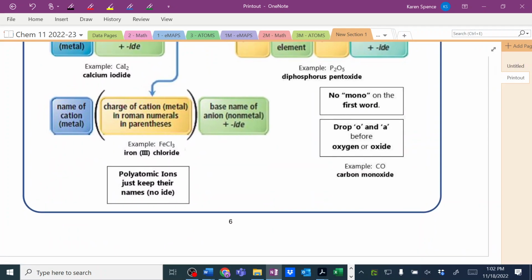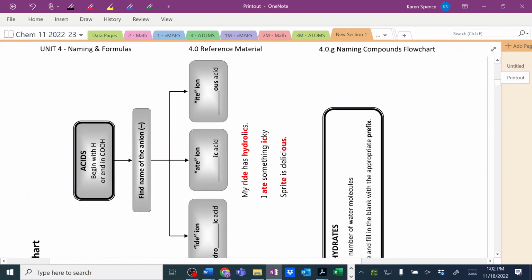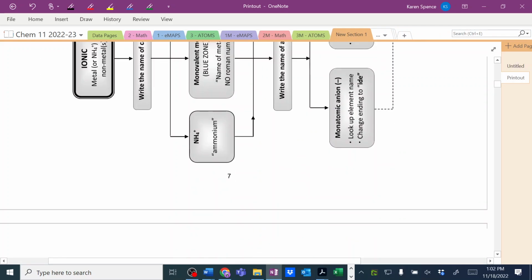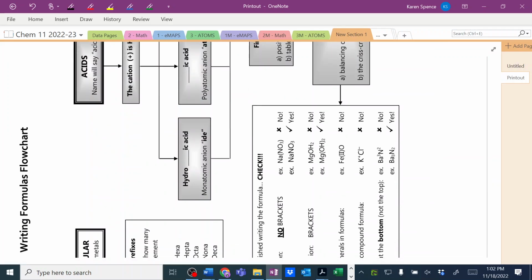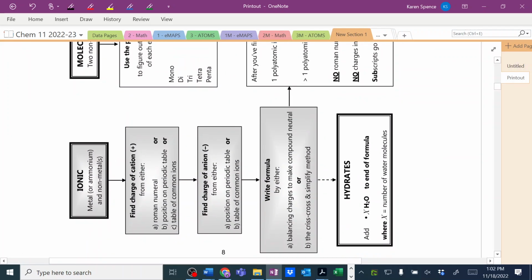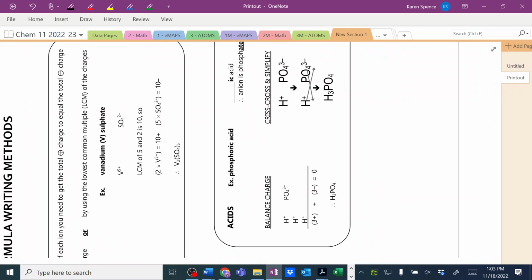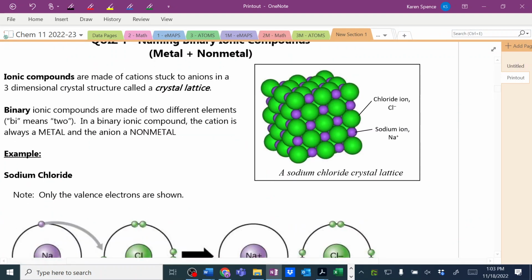We're not going to do that yet, though, because we're just going to start with one kind, and then we'll add in more and more. There's another flow chart. So just so you're aware, you can keep going back to the beginning of your section of your book to see if there's things that are useful to you. There's a little summary of how to write formulas. So reference material. Hopefully it will be useful to you.